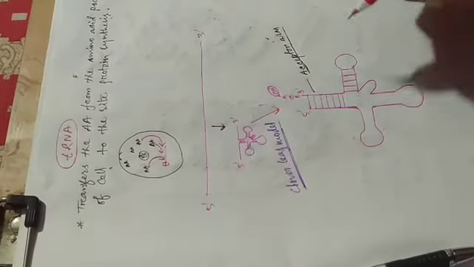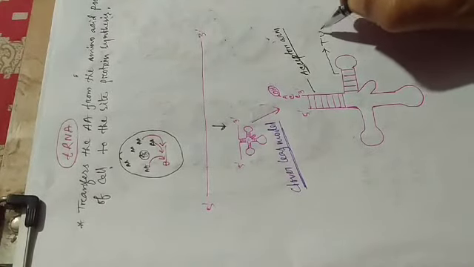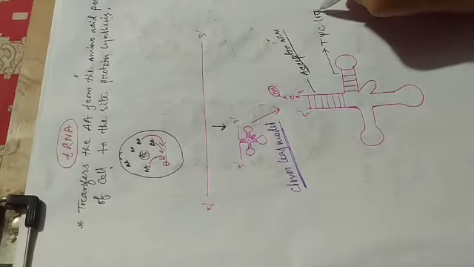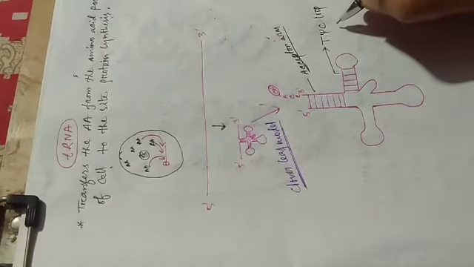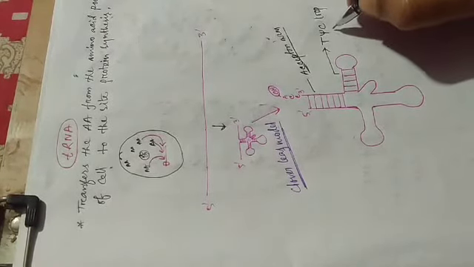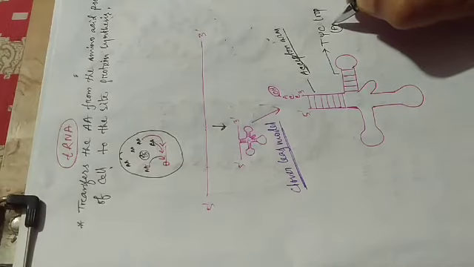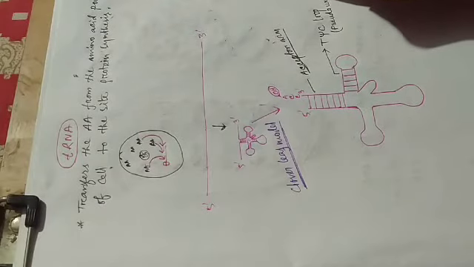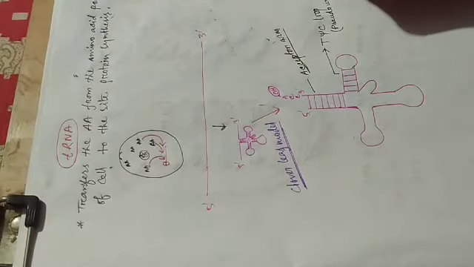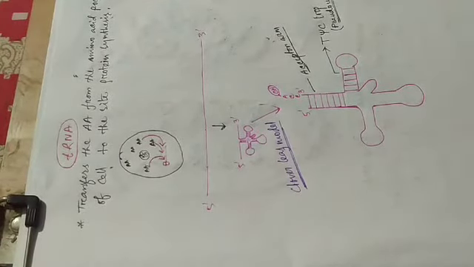This arm is called the T-psi loop, because this arm contains an unusual base called pseudouracil.